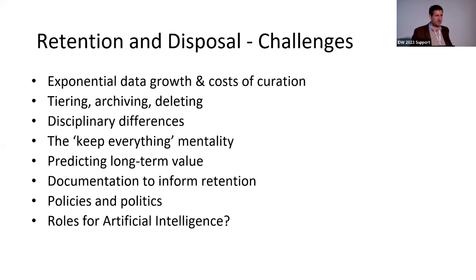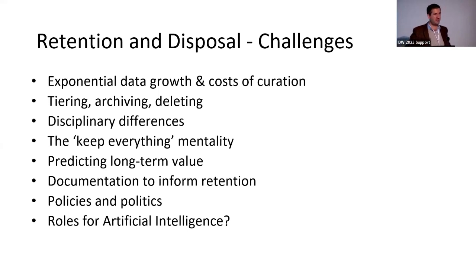Deriving from that are the technical layers and how we can at least minimize the costs of data retention and data sharing, what we can do in terms of tiering data, tiering infrastructure, archiving data, and deleting data. We're also going to talk about some of the challenges that come from different disciplines.